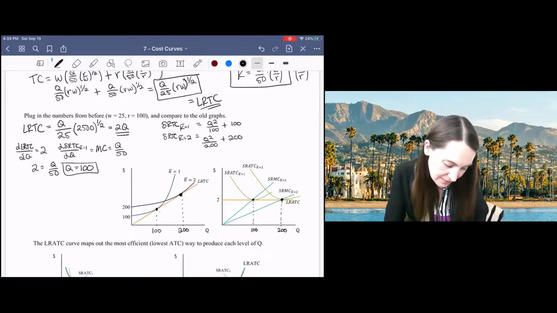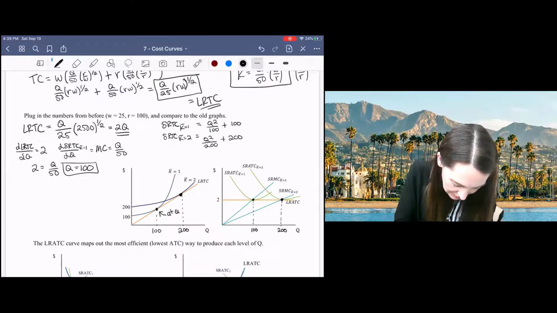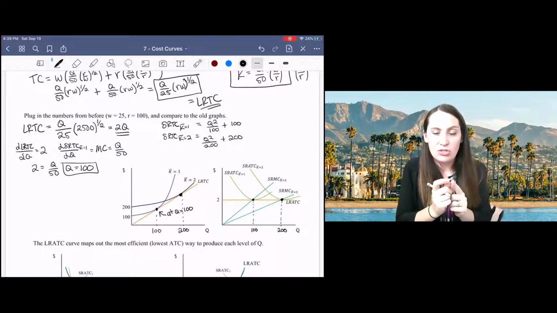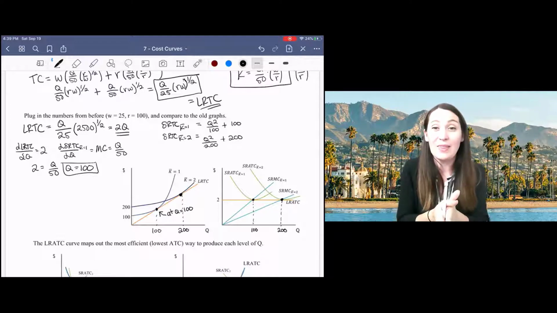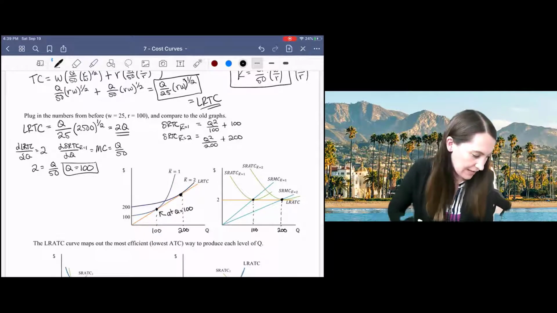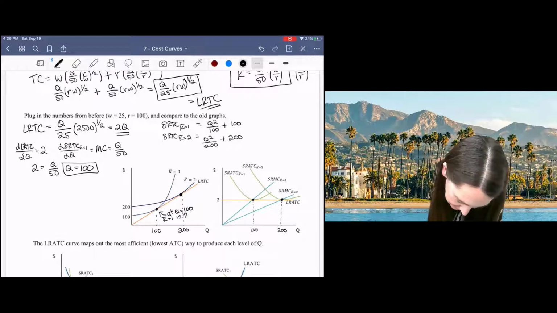So what is happening here at this tangency is that at Q equals 100, the short run production where capital is fixed at 1 is actually the optimal level of capital for that level of production. So at Q equal to 100, my K bar equals 1 is the optimal or cost minimizing level.